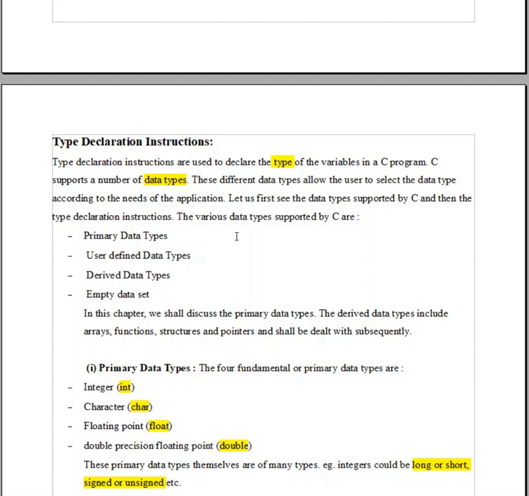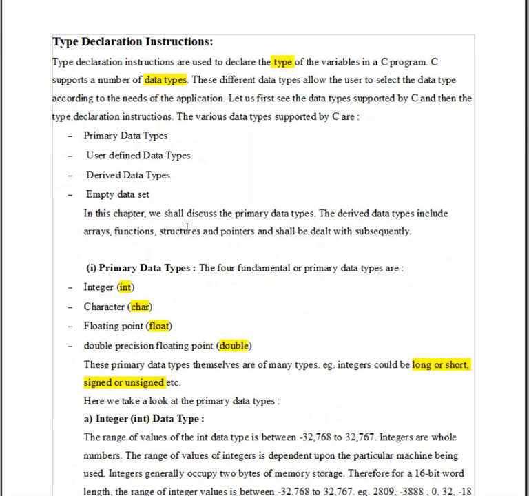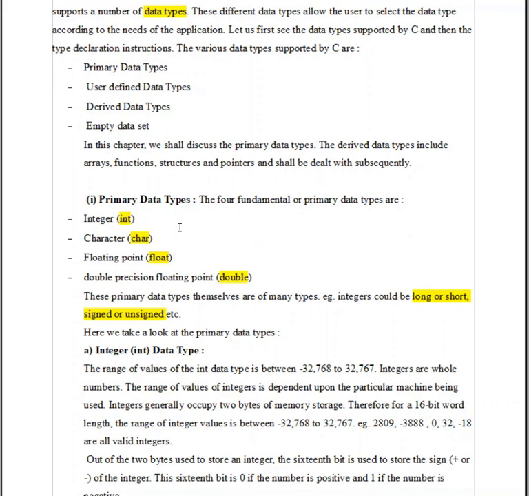If you modify your existing primary data type and derive your own data type from it, that is called a derived data type. We will learn that when we do enum, structures, functions, and pointers. So first we will deal with the primary data type.